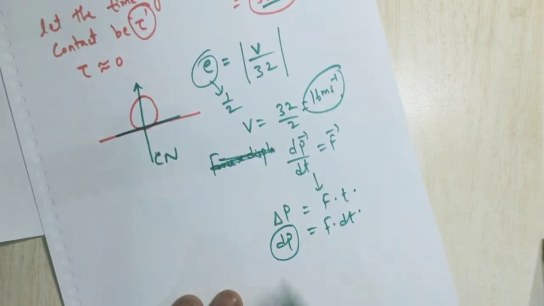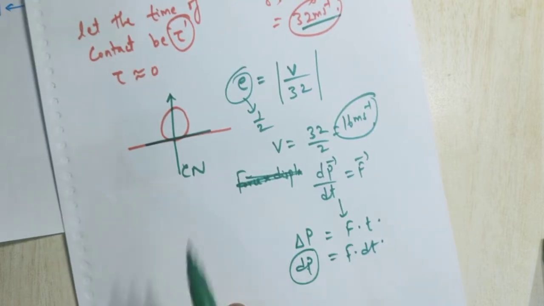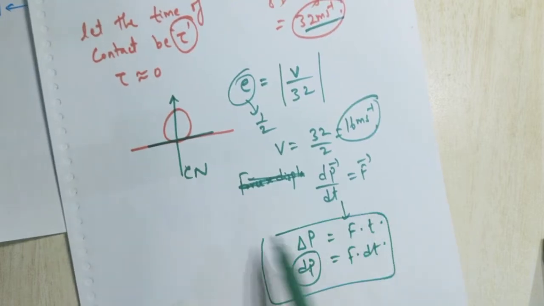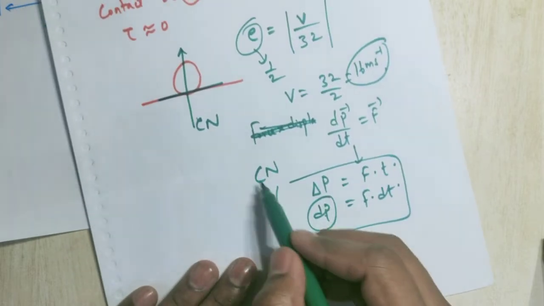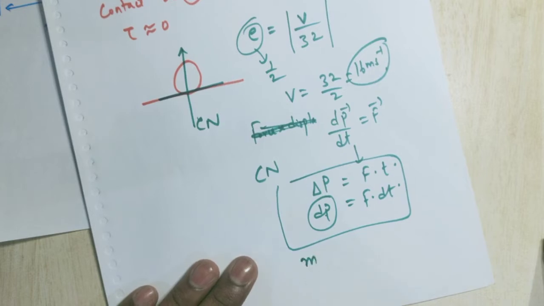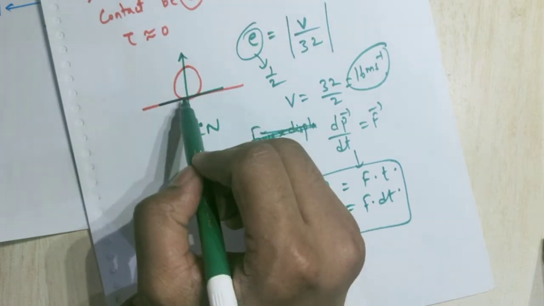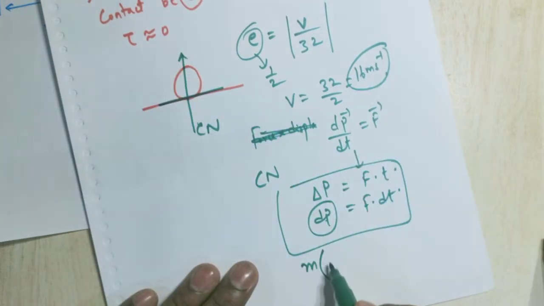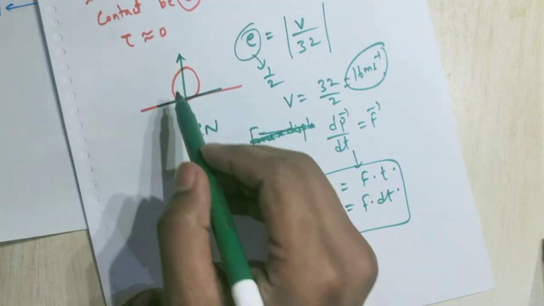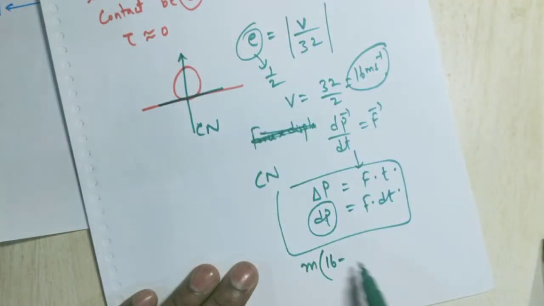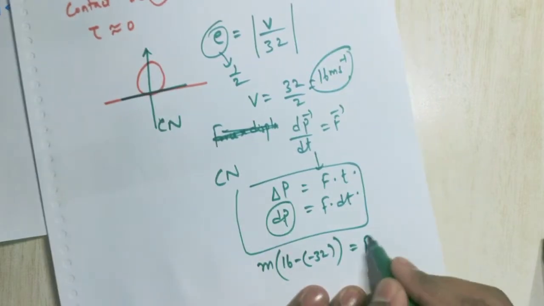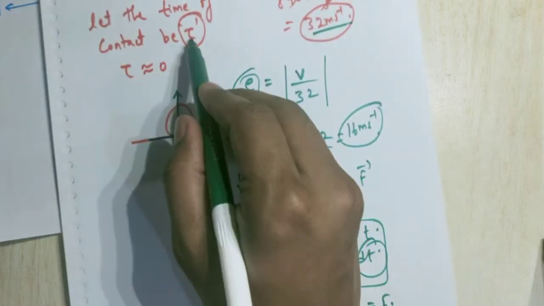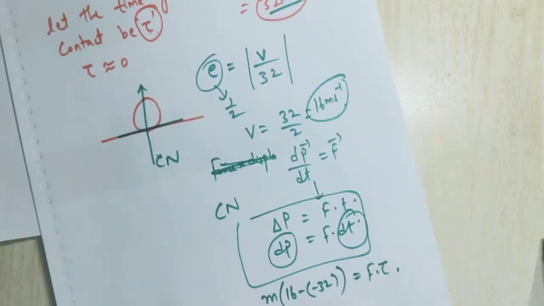Do we know the change in momentum? We are analyzing this along the common normal direction, not along the common tangent. So along the common normal, what is the change in momentum? The mass of the ball is not given in the question, so let us take m into final velocity. Final velocity in the upward direction is 16, minus initial velocity. Initial velocity is in the downward direction, that is minus 32. This is the change in momentum, that is equal to F dt. We know that the time of impact is tau, so F tau.